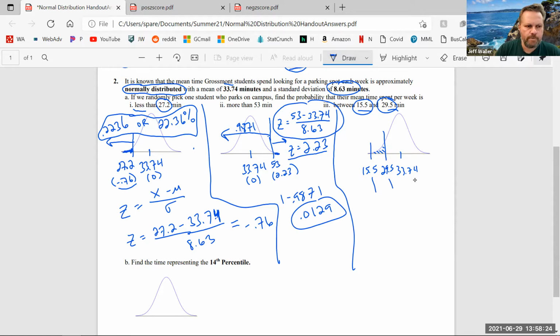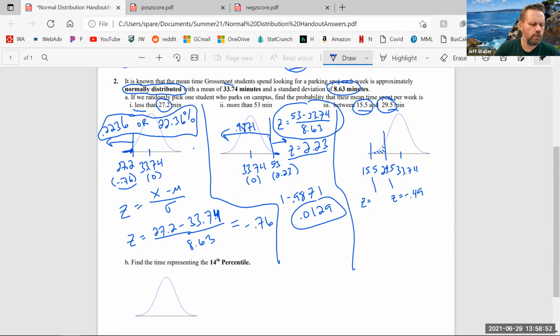Did anybody do either of these z-scores yet? Anybody? For 29.5, I got negative 0.49, and then for 15.5, I got negative 2.17.